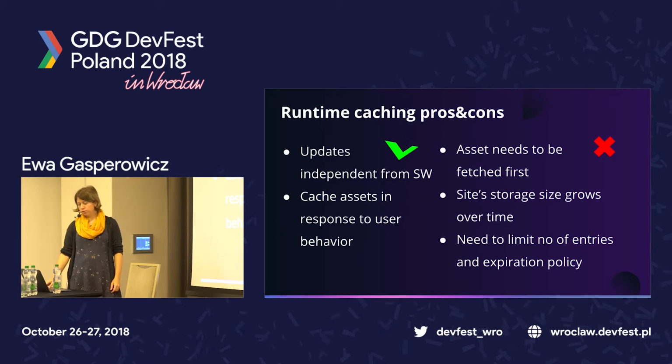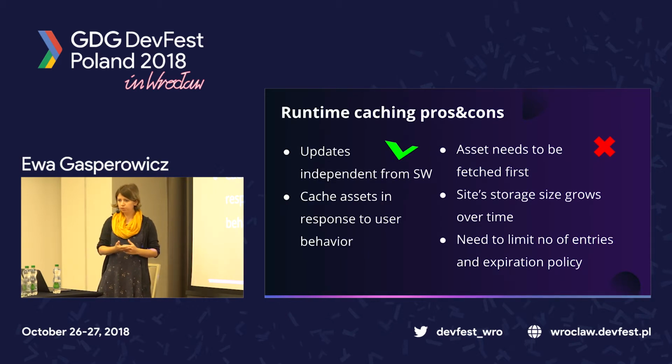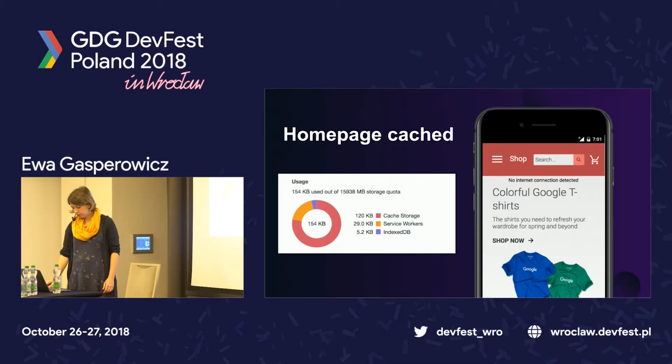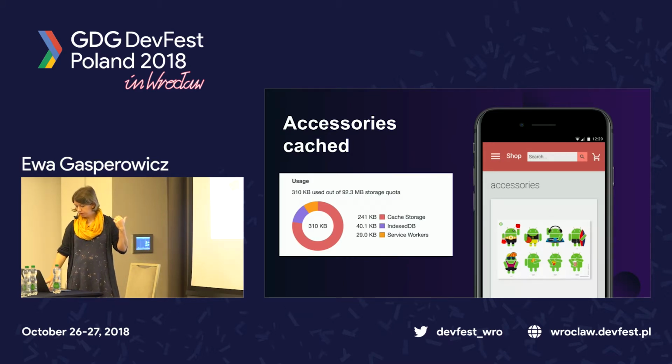So you can mitigate it by limiting the number of entries you store in your cache, cleaning the cache every now and then, and setting an appropriate expiration policy. That's the example I showed you before with the e-commerce app, right? This is the homepage cached, so only this one URL is cached. If I navigate to the next view, which is the accessories page, my cache takes more space now, right?